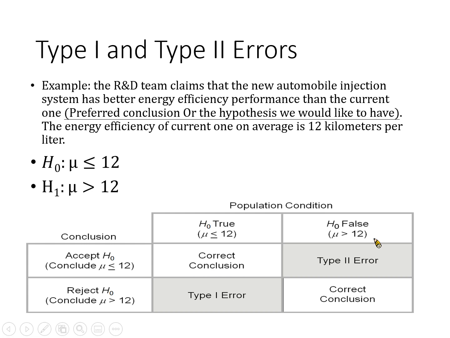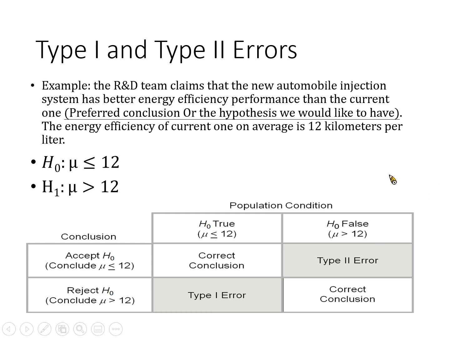Here we can use an example to explain it again. It's an example from your textbook. The R&D team claims that the new automobile injection system has better energy efficiency performance than the current one, which on average is 12 km per liter. In developing the null and alternative hypotheses, we usually put the statement we would like to test as the alternative hypothesis.